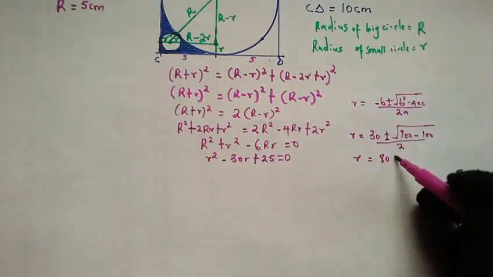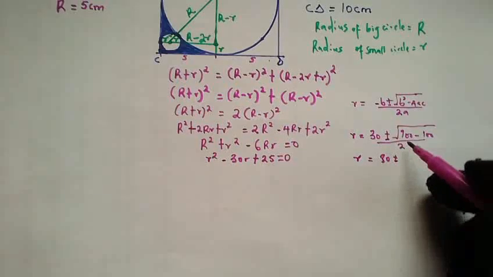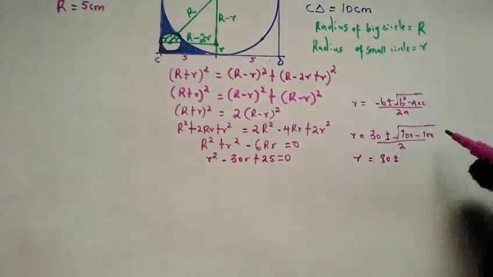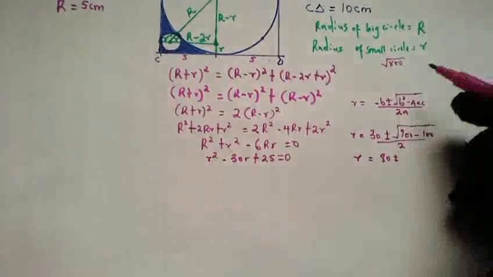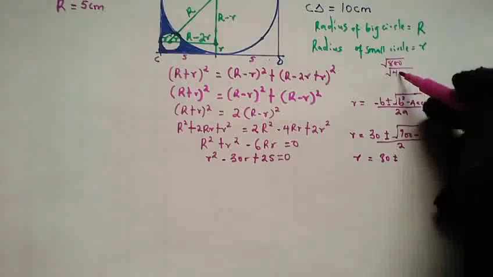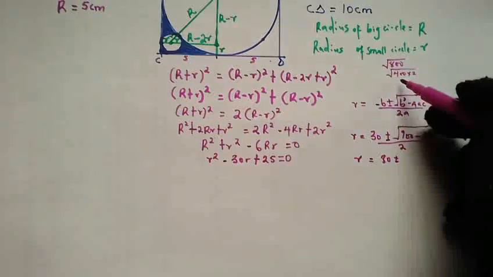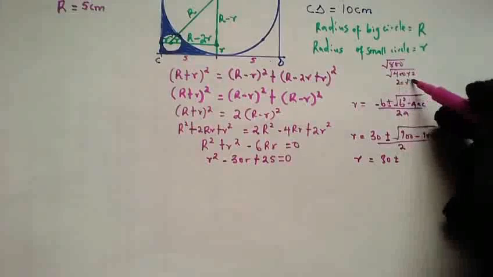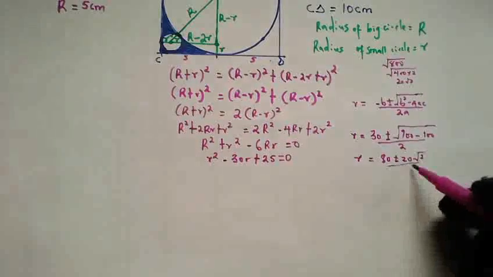So we have r equal to 30 plus minus, remember 900 minus 100 is 800, and in surd form we have square root of 800, which can be simplified to what? Square root of 400 times 2. Remember the square root of 400 is 20, so we have 20 surd 2 all over 2.